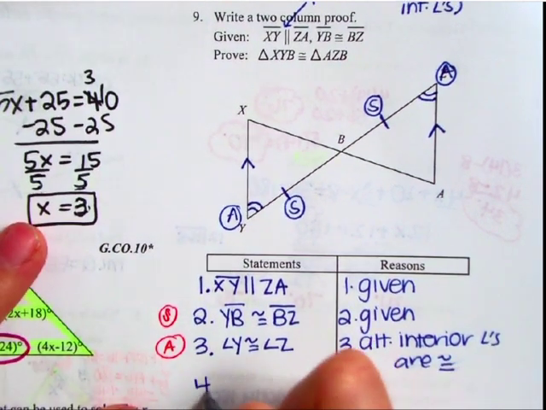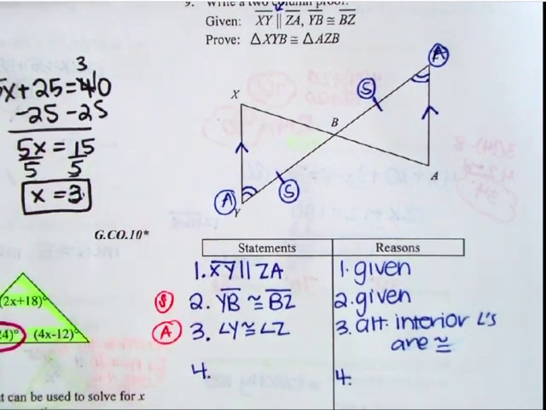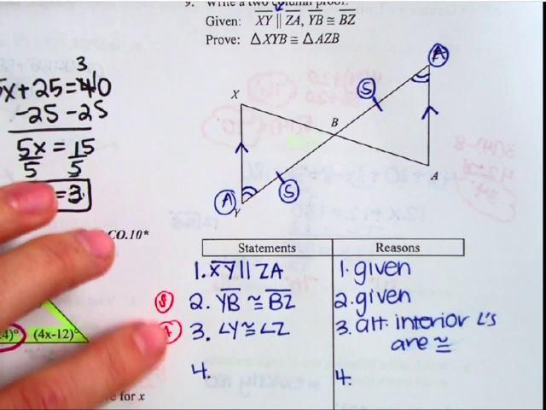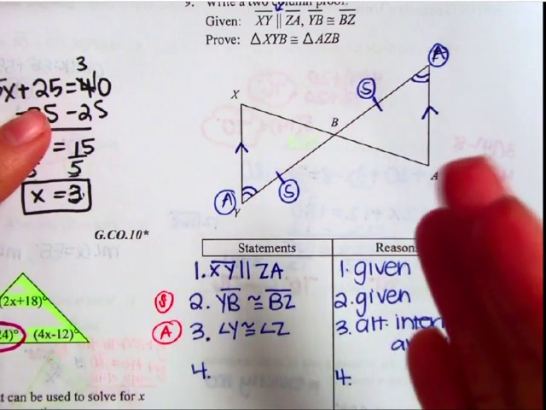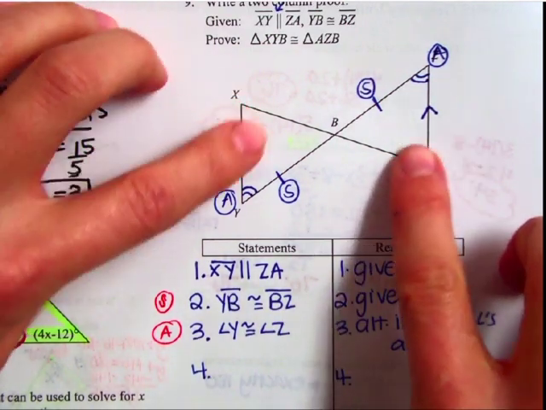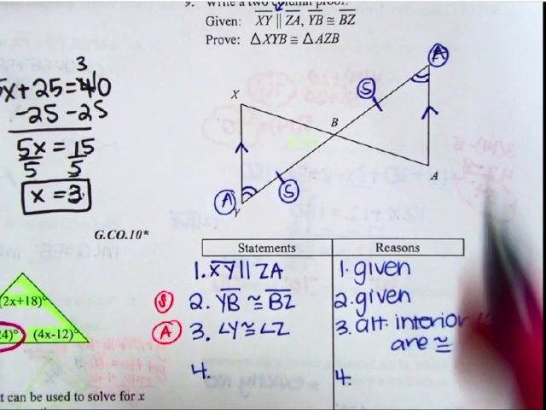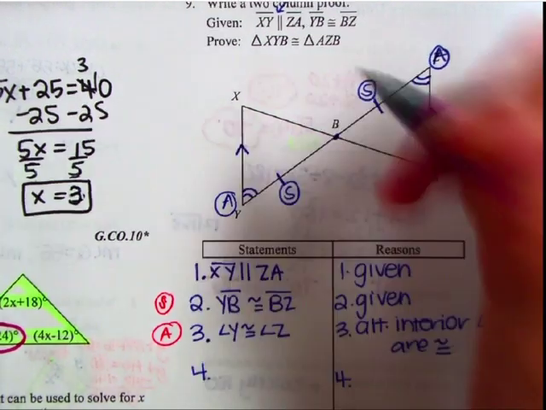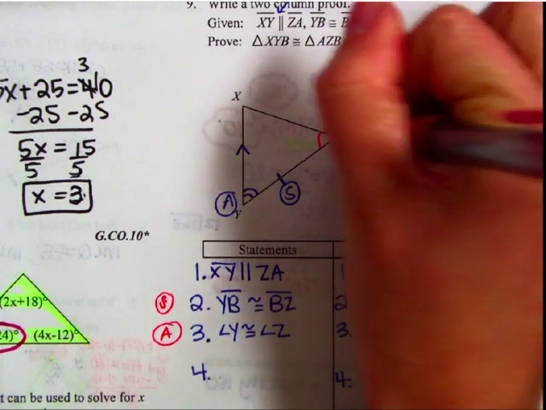And then I'm looking at this picture and I need to figure out one more congruent part because I need 3 congruent statements in order to prove the triangles are congruent. So there's no other given information to help me unless I say these angles are congruent, but that would not help me because it doesn't include the side. So again, whenever we see these triangles that share the same point, we are going to have vertical angles.